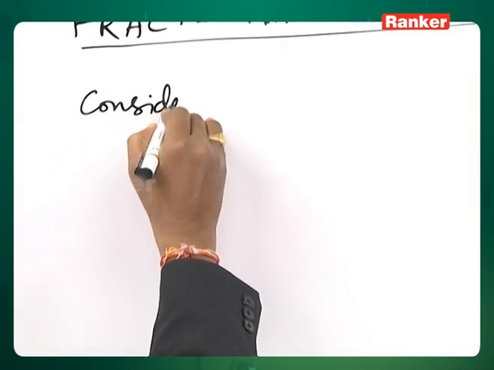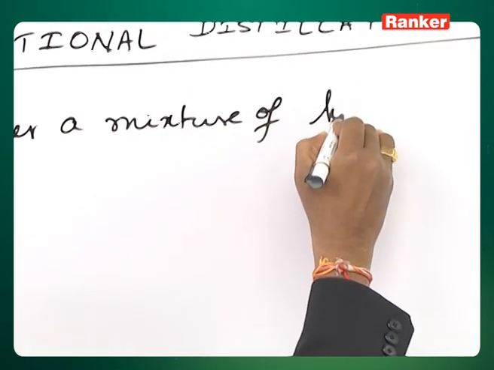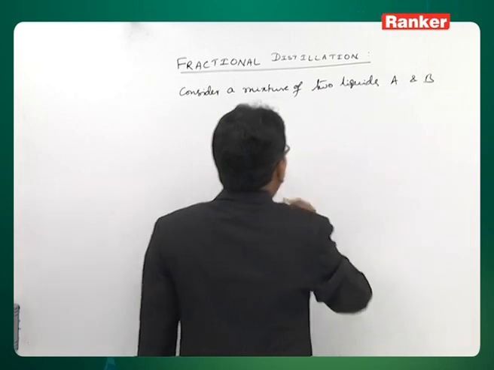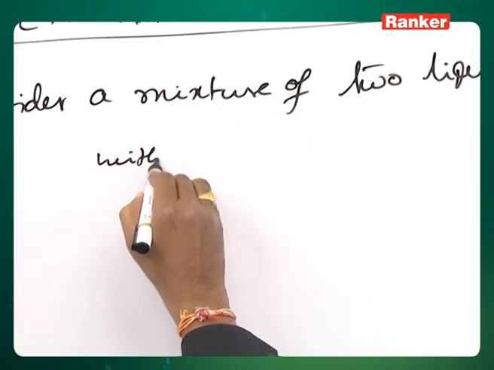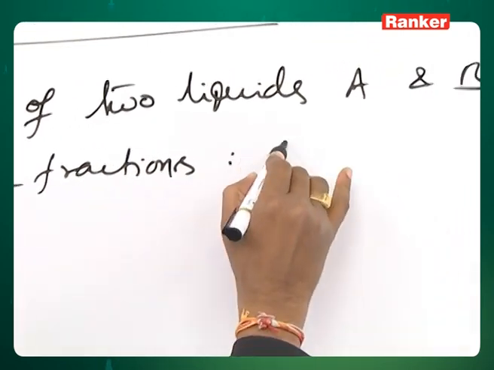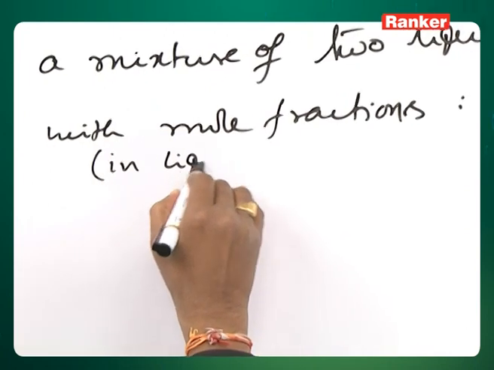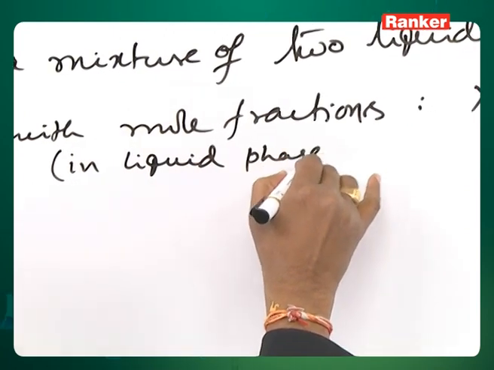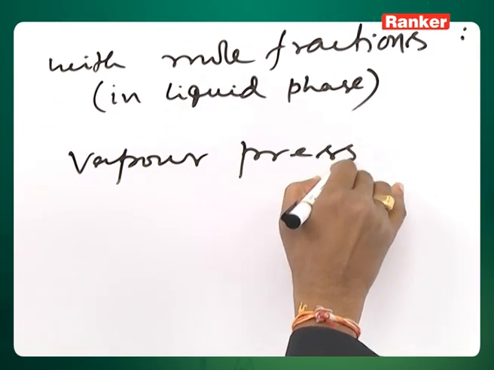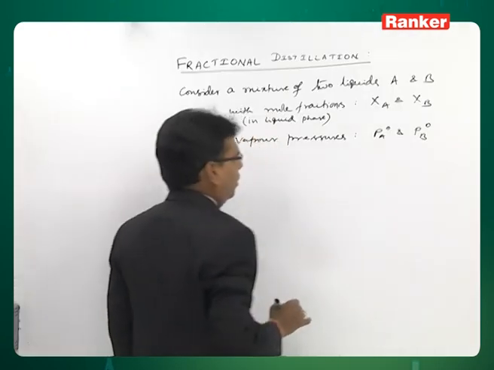Consider a mixture of two liquids A and B with mole fractions X A and X B, of course in liquid phase, with their vapor pressures P A naught and P B naught.